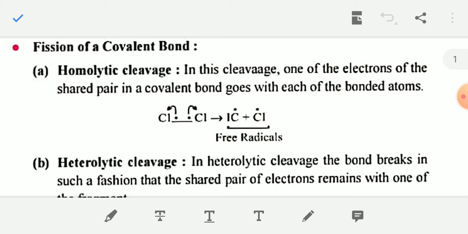You can see it is represented like this. You can see in the Cl2 molecule, the Cl-Cl covalent bond is homolytically cleaved to give two Cl radicals, and these are called free radicals.